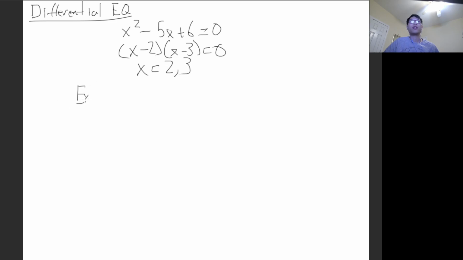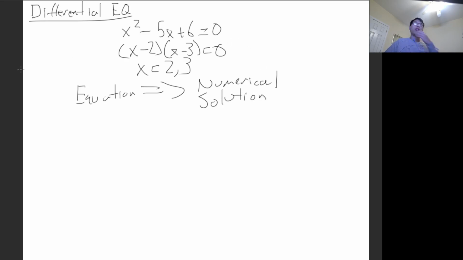So this equation gives us a numerical solution. Okay, so a differential equation is just an equation which involves a function instead.